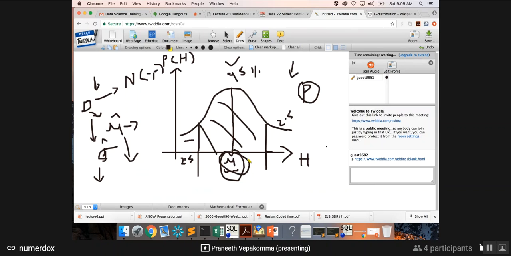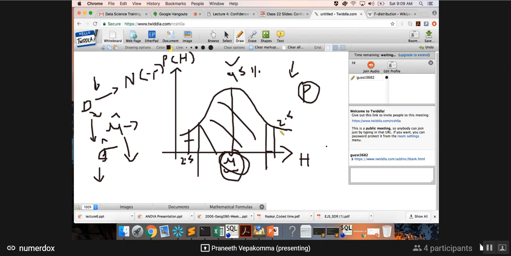But then if you wanted 99% probability, then you have to reduce this. You have to move this even further. So that is how, when you change the confidence that you're looking for, your upper limit and lower limit change accordingly. Okay. If you're okay with 70% probability, then you might come to something like this.